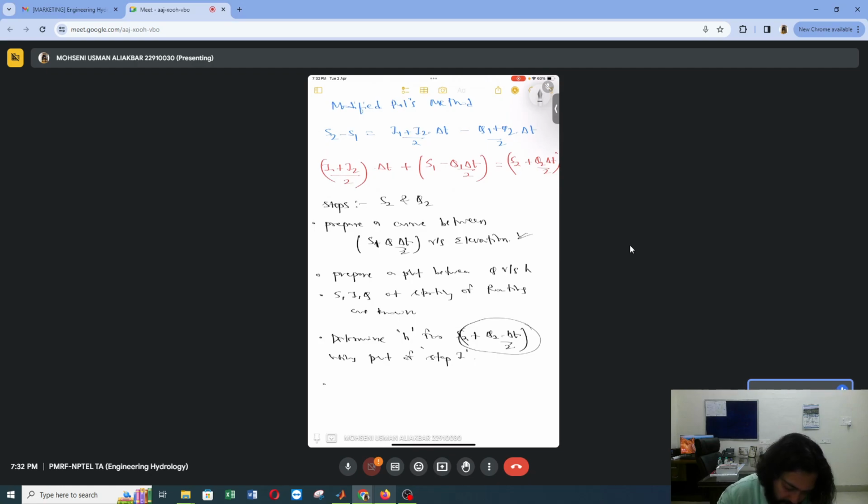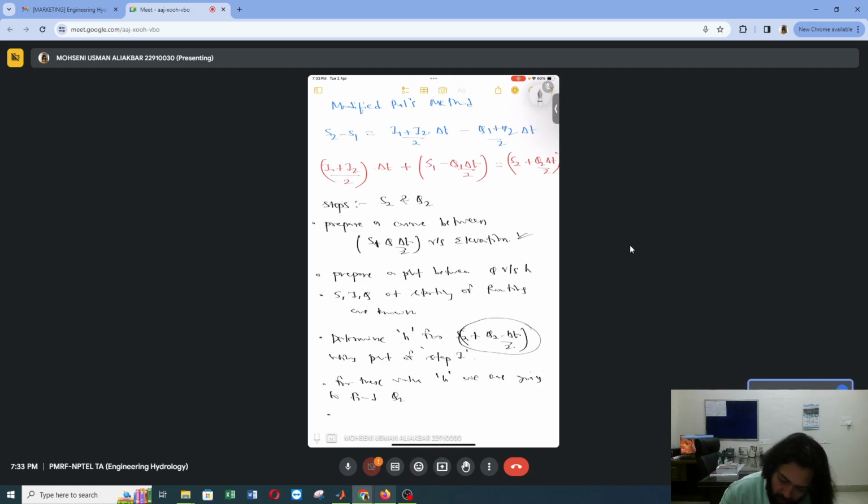And in the next step, for this value of H, we are going to find Q2 by using plot 2. So from the first plot we are getting the value of H corresponding to S2 plus Q2 delta T by 2, and for that H we are going to calculate the outflow value by using the plot obtained through step 2.